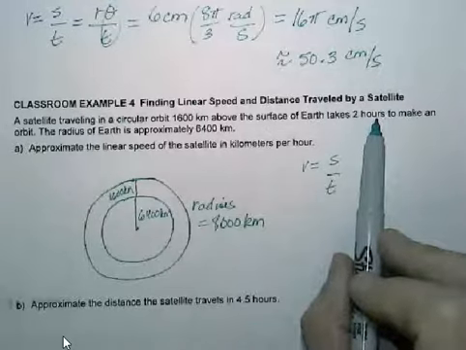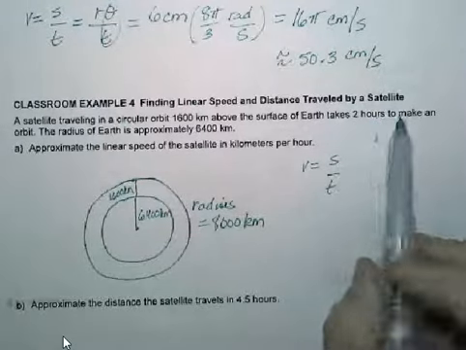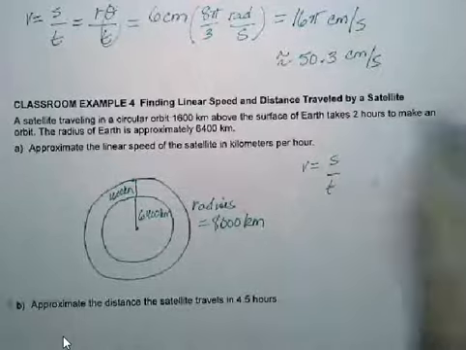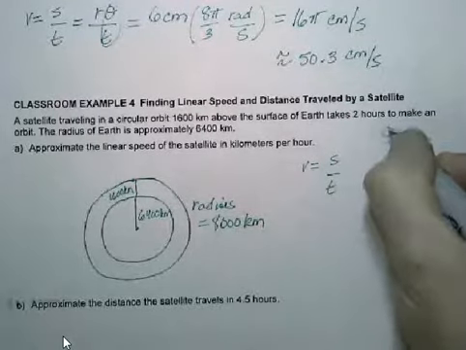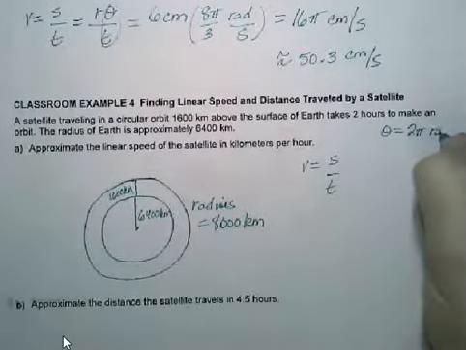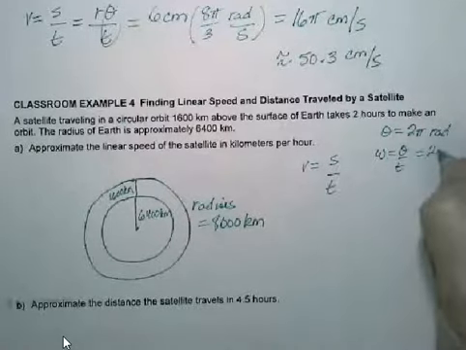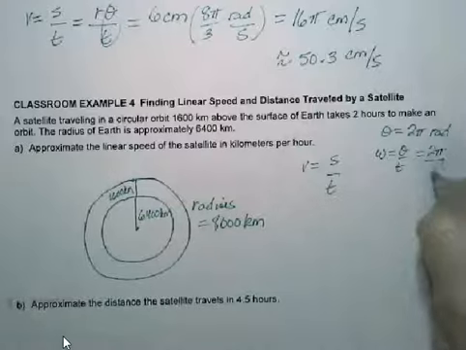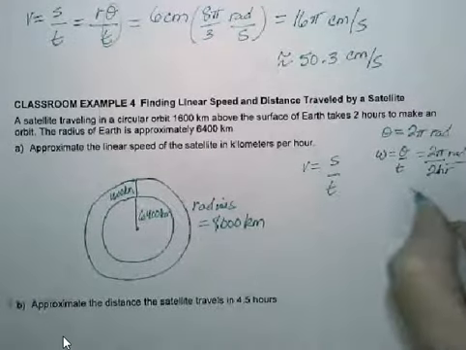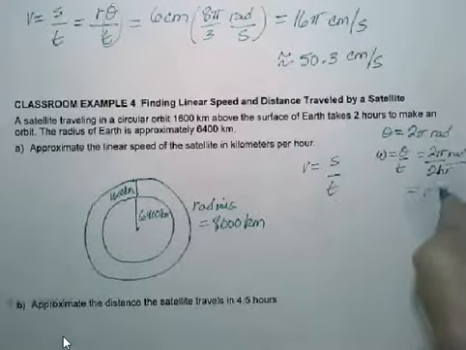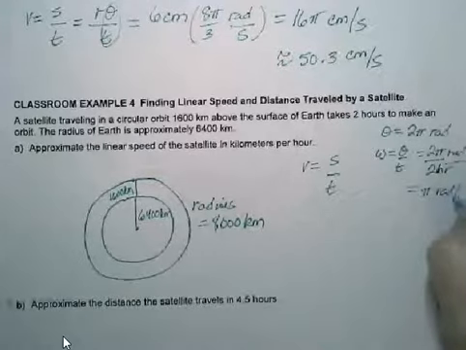An orbit is the same as 1 full revolution, so it takes 2 hours to complete an angle of 2 pi radians. That means my angular speed, the theta over t, is 2 pi over 2 hours, which would simplify to pi radians per hour.